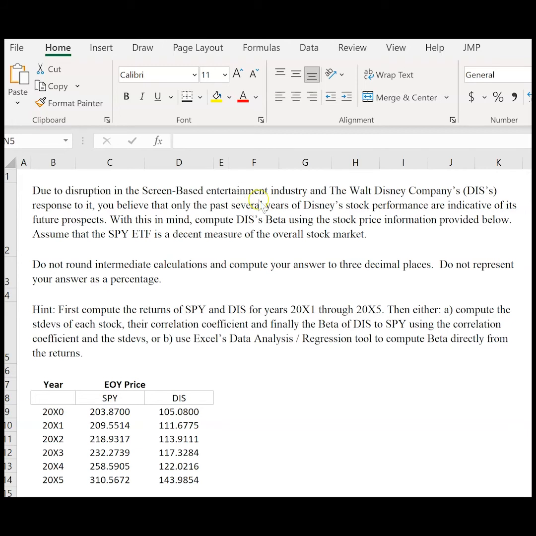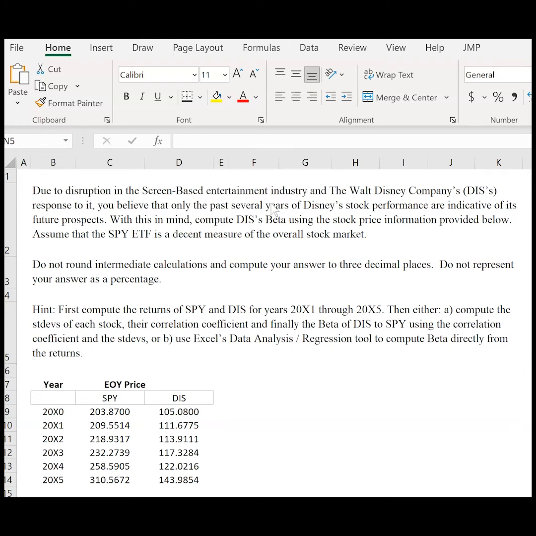You only think that the past few years are going to help us do this. So this first paragraph just builds your assumption before going in and solving the problem and looking at the data. I think that's an important thing to understand, that typically you want to have more data rather than less data, but if you believe that more data is not going to help us understand the future performance of Disney stock, then you're not going to use it.